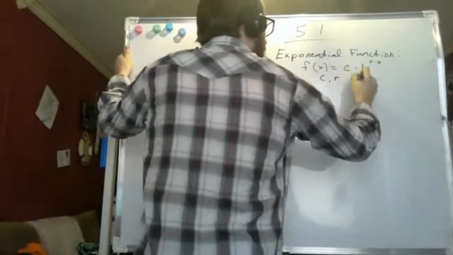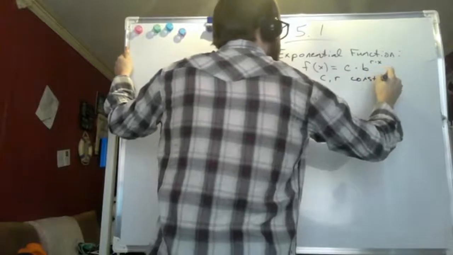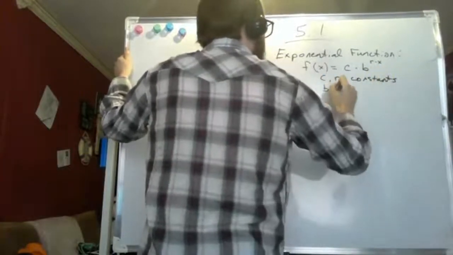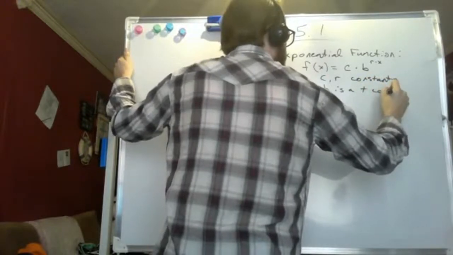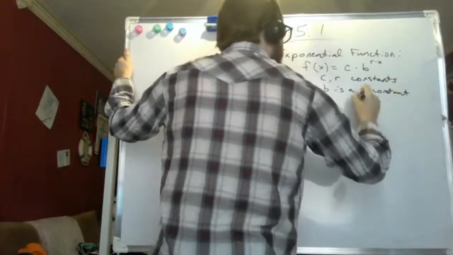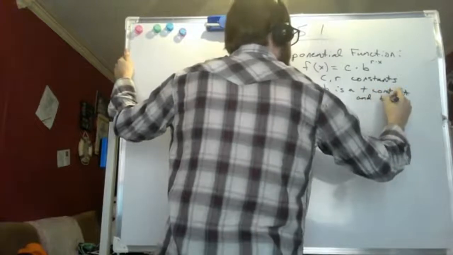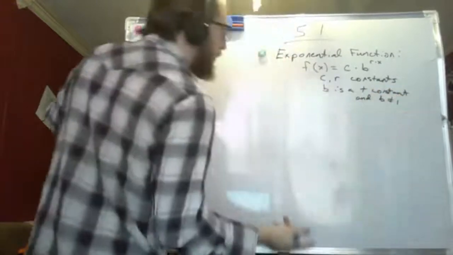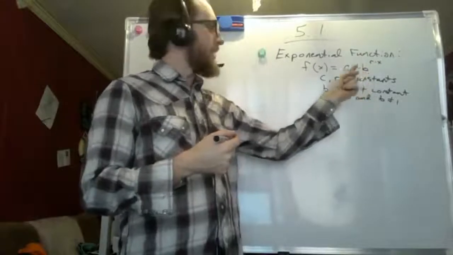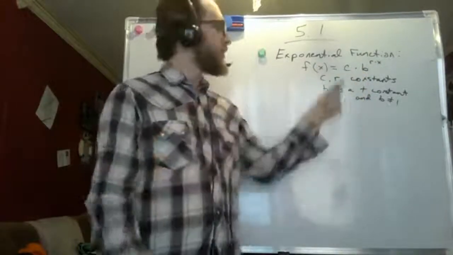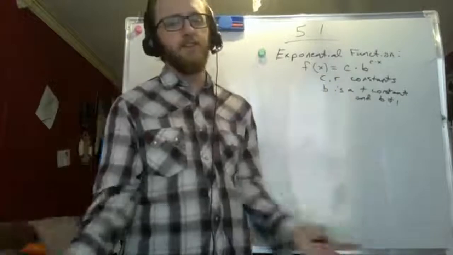C and r are constants. b is a positive constant. And b does not equal 1. Because if it did equal 1, well then 1 to any power is just 1, and then the equation would just be a constant function equal to c, which isn't very interesting.